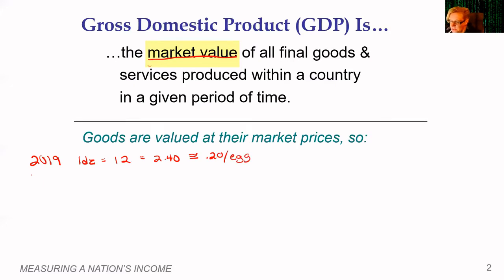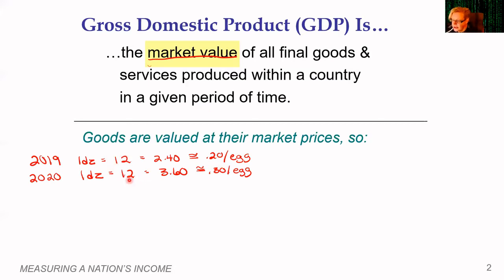And then you go and you buy a dozen eggs in 2020. Again, you're going to buy 1 dozen, so that gives you 12 eggs, but now you're paying $3.60 for those eggs. So approximately 30 cents an egg. And what I want to do is to look specifically at this idea of the output.